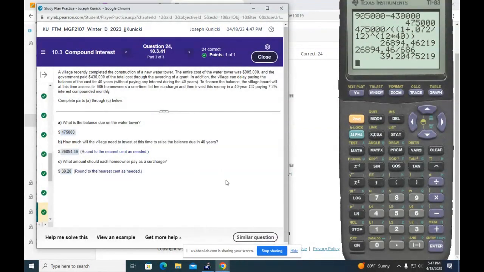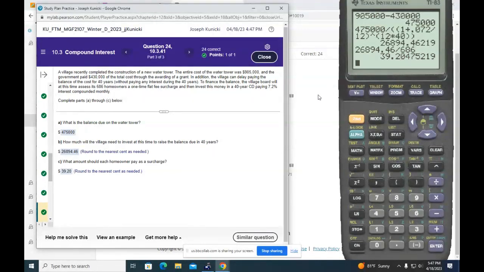All right. So this is in putting in the second formula, the present value formula. Boy, that's a nice CD paying 7.2%. See, they only have to invest, look at that, to pay off a $475,000 loan, they only have to invest less than $27,000 today.